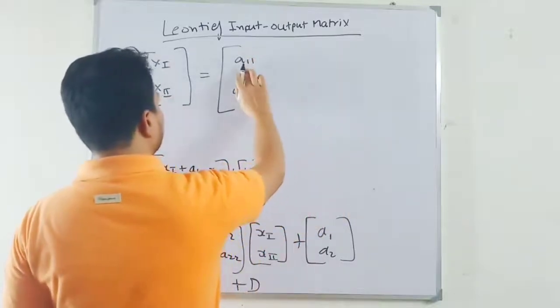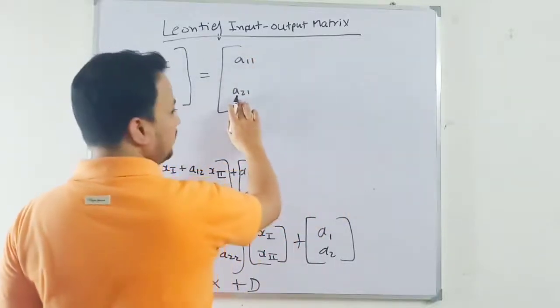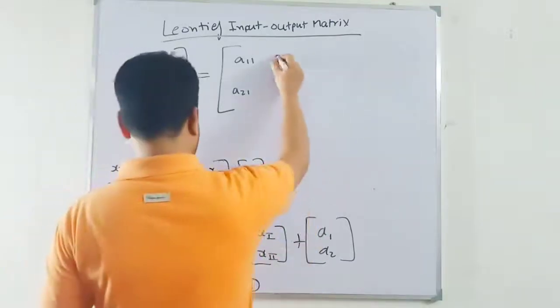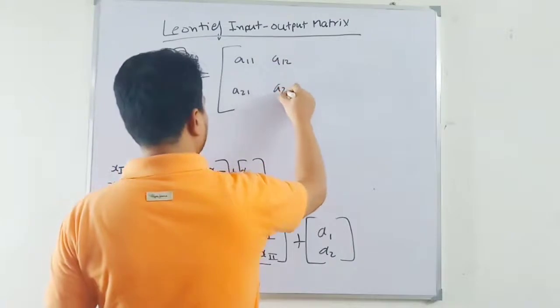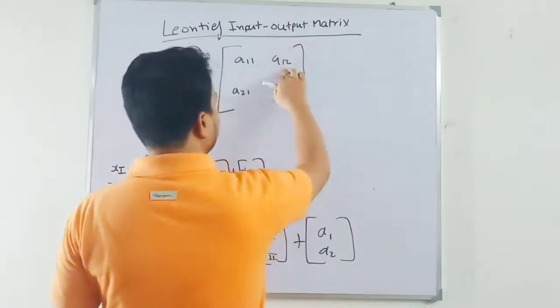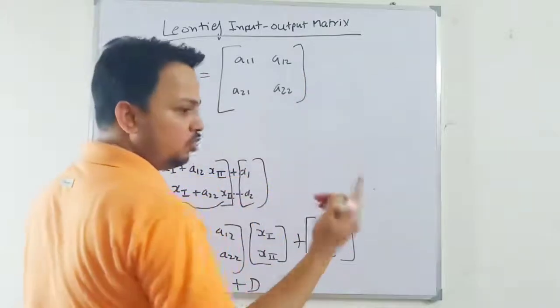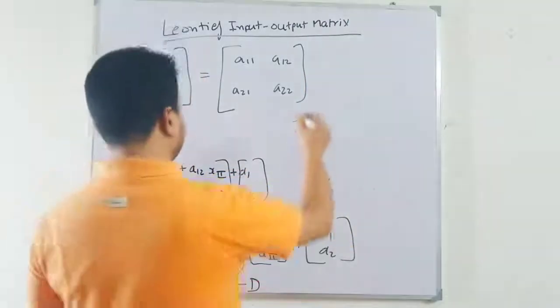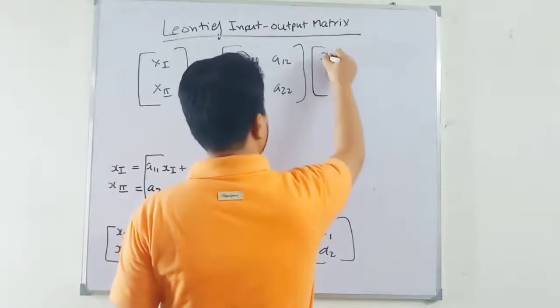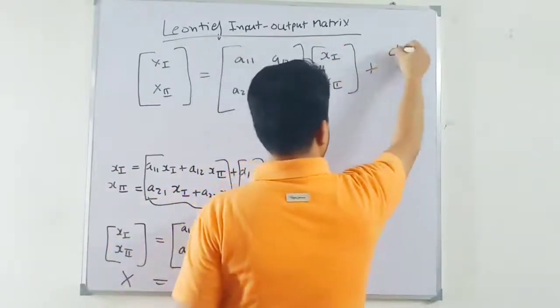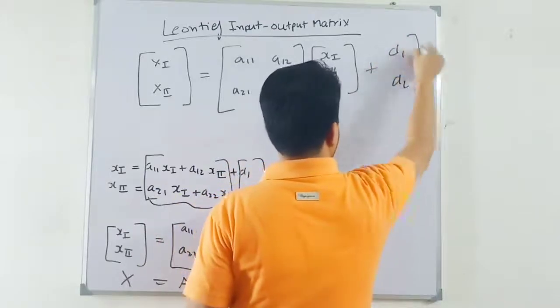I require this much input from industry 1, this much input from industry 2 in order to produce 1 unit of output of industry 1. Then A12 A22: I require this much input from industry 1, this much input from industry 2 in order to produce 1 unit of output of industry 2. Plus x1 x2 plus D1 D2.